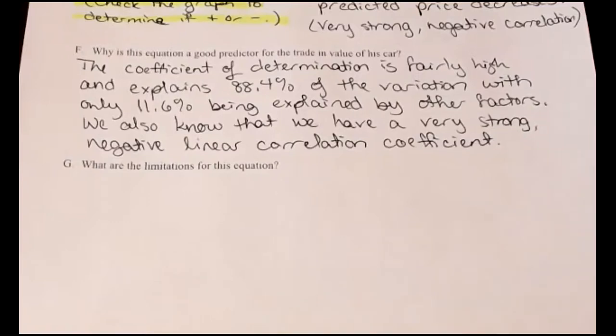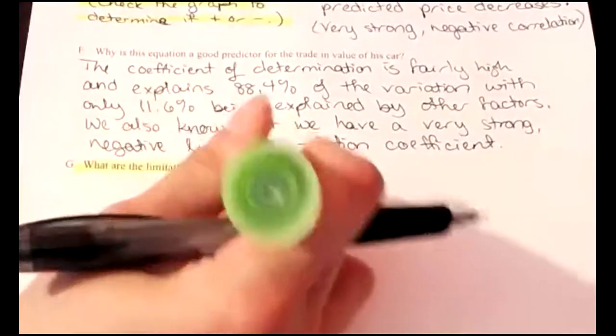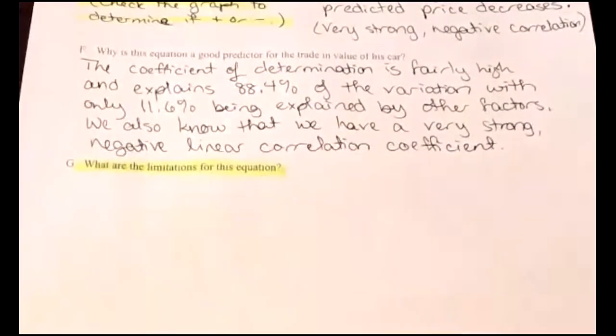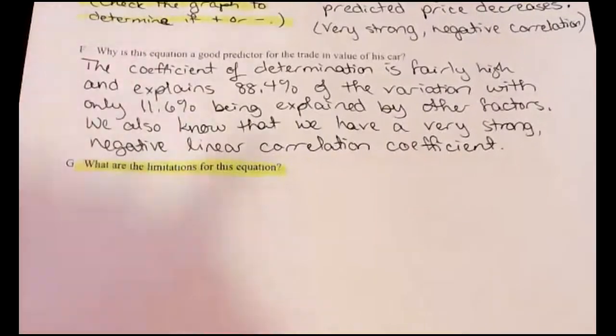What are the limitations for this equation? Here are the limitations. This is another one I would love for you to highlight, because you're going to be asked this question both on your regression assignment and also your final exam. I'm going to list them for you.